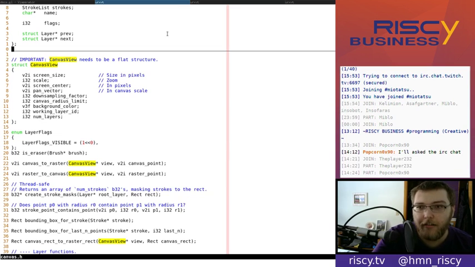Okay, so here's the actual definition of a canvas view. It has screen size in pixels, the zoom, which is scale, screen center in pixels, pan vector and canvas scale.